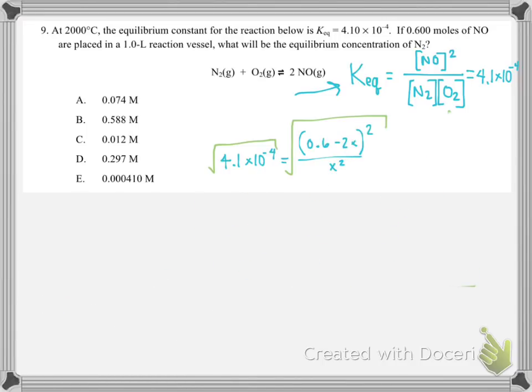Okay, so when we take the square root of both sides, what we'll have is 0.02025 equal to 0.6 minus 2x divided by x.